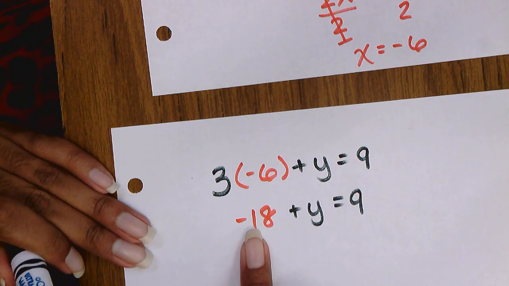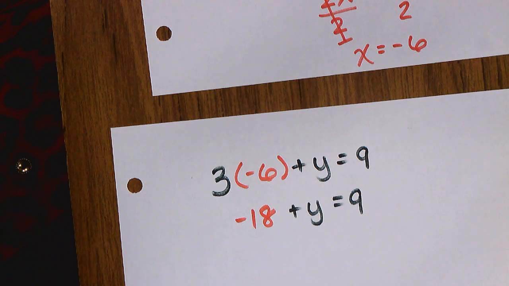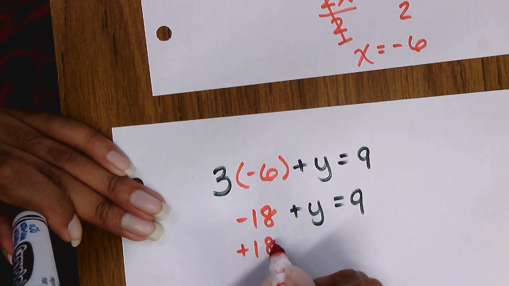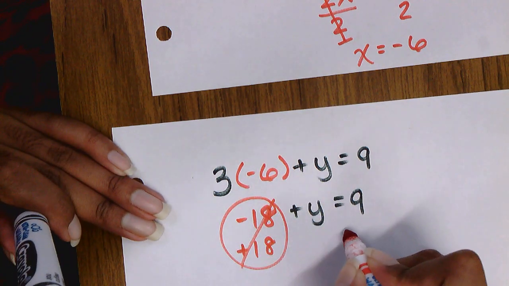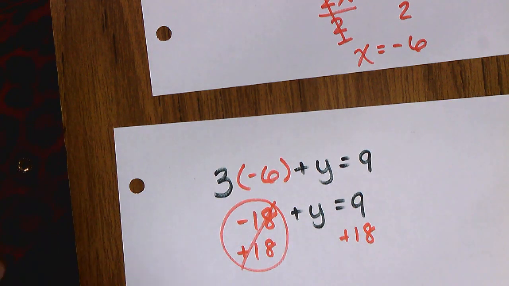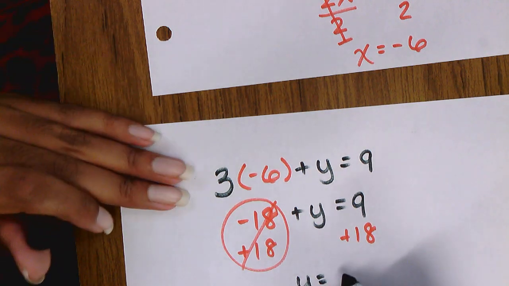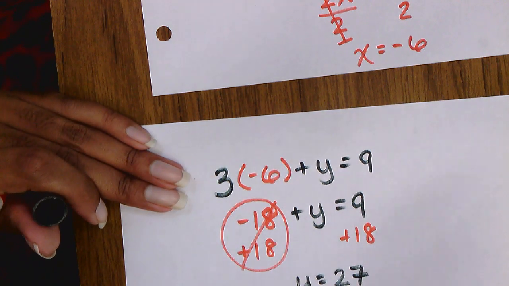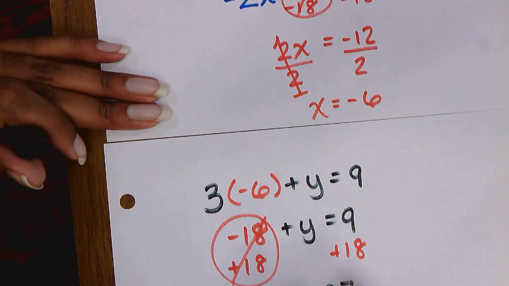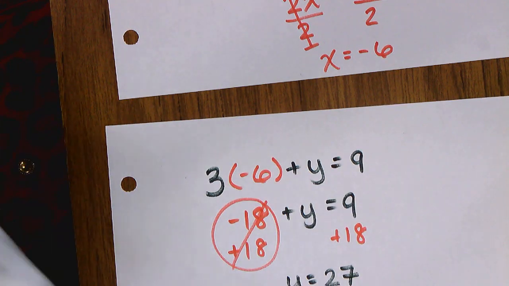So you can say negative 18 plus what equals 9, or you can just go ahead and add 18 to both sides, and you will end up with y is equal to, I think, 27? 27, almost positive. So now you have x is equal to negative 6, y is equal to 27.